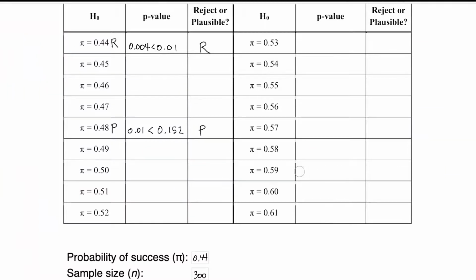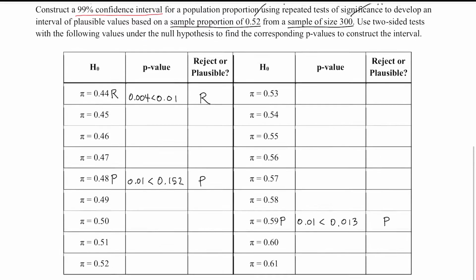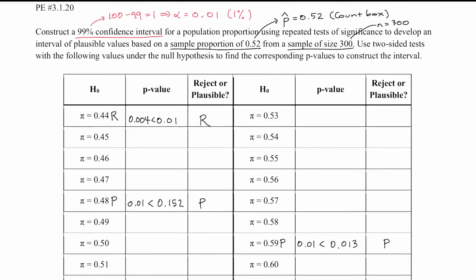Was I doing 0.58 or 0.59? I forgot. 0.59, that's what I thought. So 0.013, of course, is bigger than 0.01, so that is a plausible value for pi.